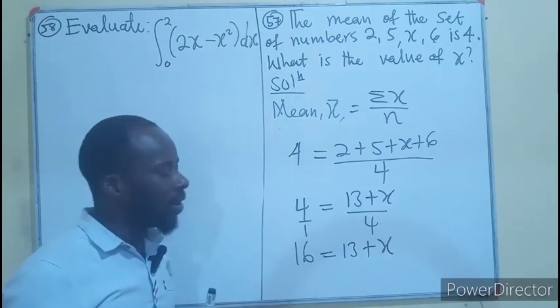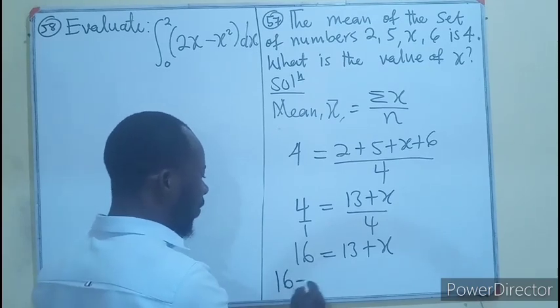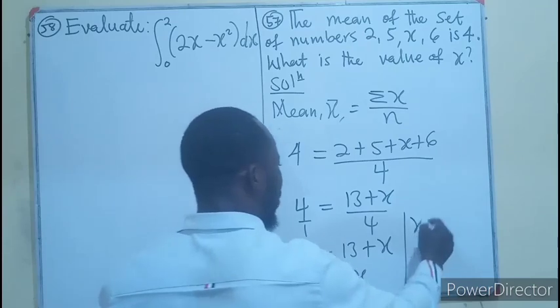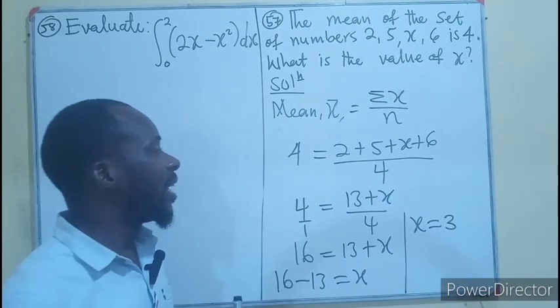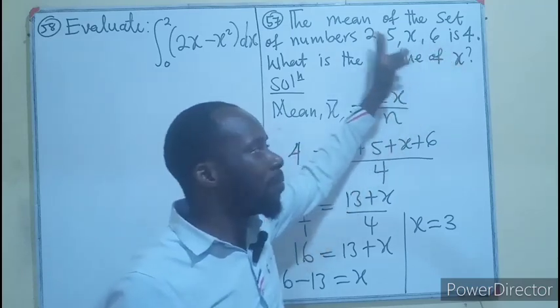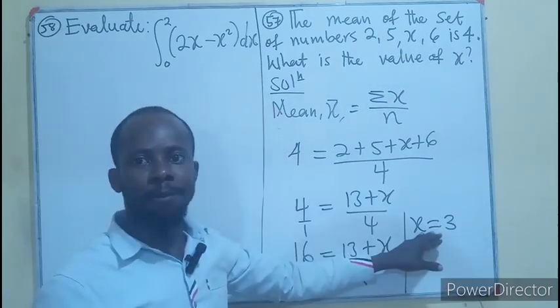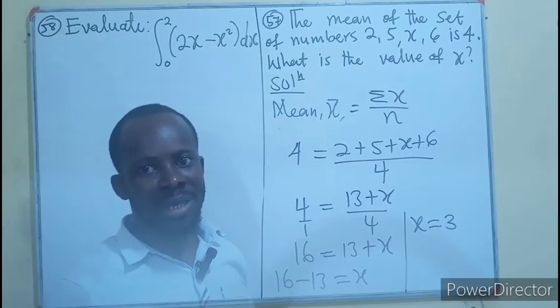We are looking for x, so we subtract 13 from both sides. So 16 minus 13 equals x. That simply means x is 3. The value of x in this series of numbers that will produce a mean of 4 is 3. And on the options, that will be option E.